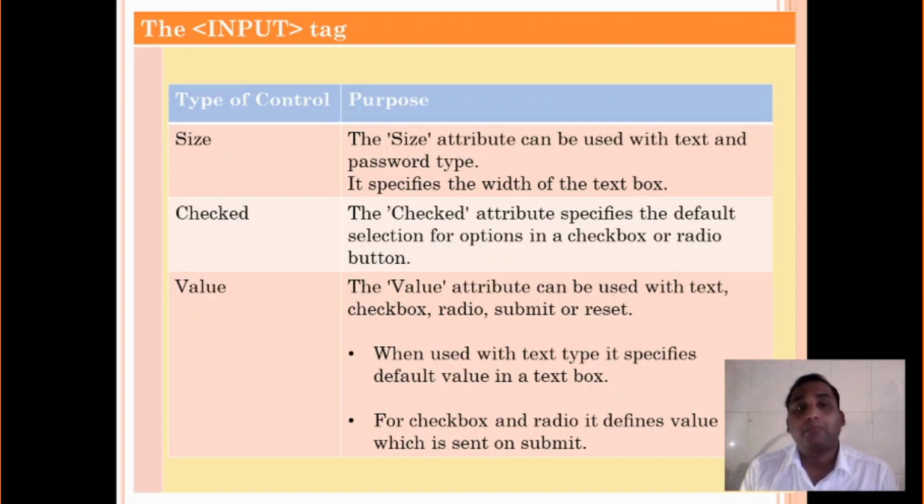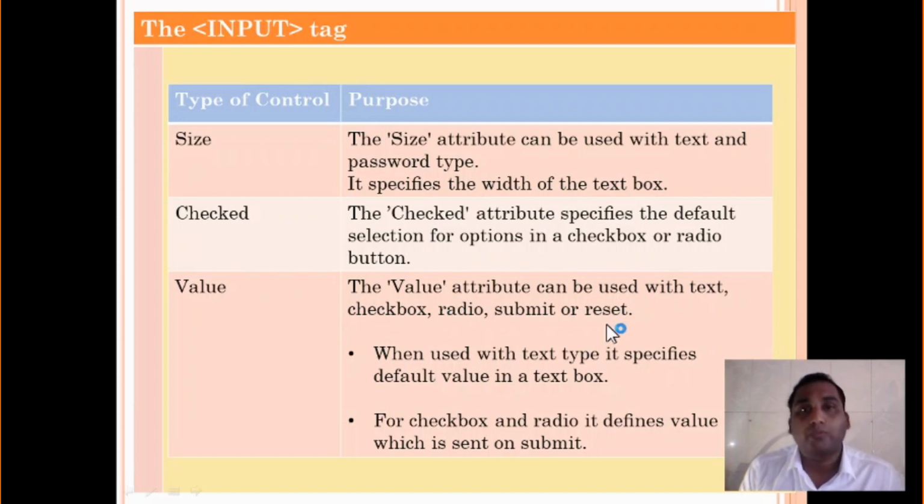Checked. The checked attribute specifies the default selection for the options in a checkbox or the radio button. It is to be given only in case of checkbox or radio button. To specify the default selection, before the form starts, a particular option is to be selected. Value. The value attribute can be used with text, checkbox, radio, submit or reset.